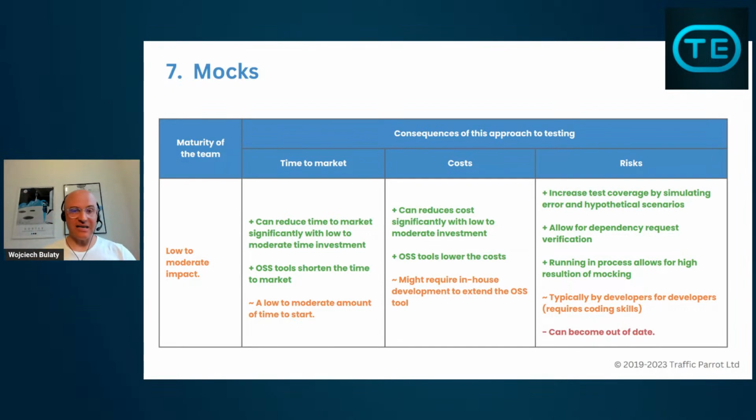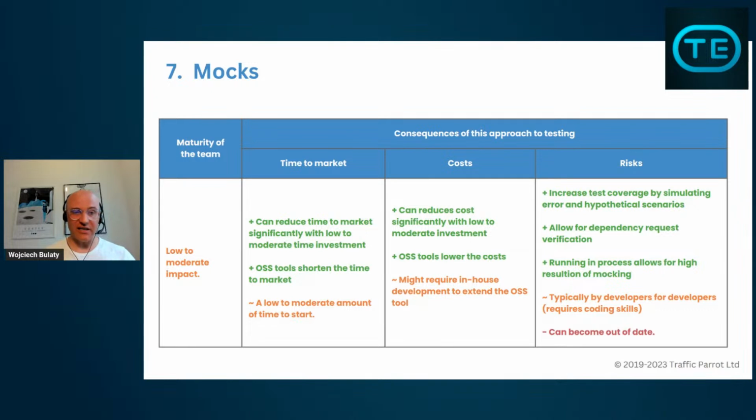Mocks specifically allow you to verify the request that's been made to the dependency. And again, as with stubs, if you're running your mocks in process, you can mock very small bits of code or behavior or functionality, which means you get high resolution of mocking, and you can put your system in very intricate states to simulate those error or hypothetical situations.